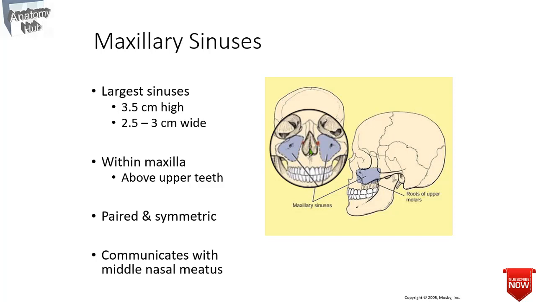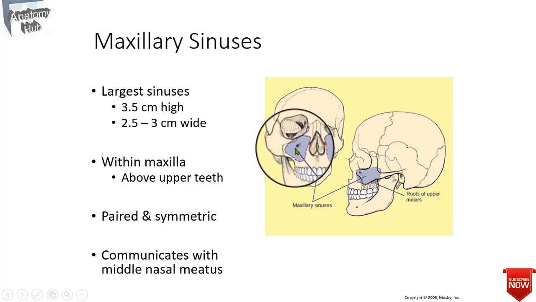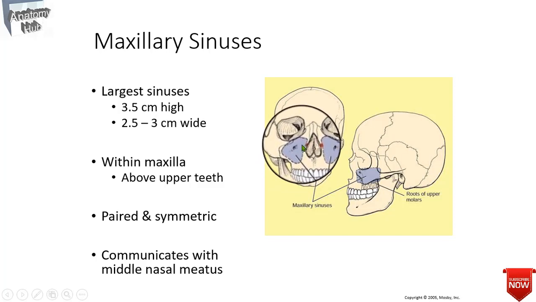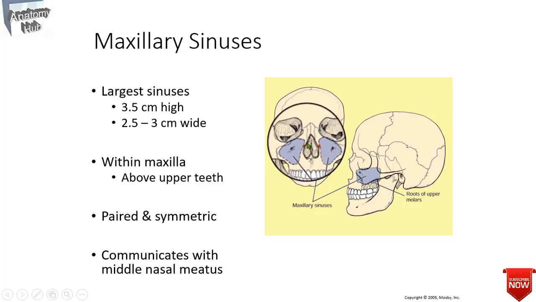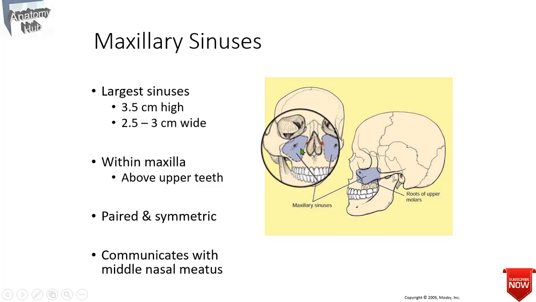The blood vessels that actually supply this maxillary sinus are mainly the facial artery, the greater palatine artery, the infraorbital artery, and along with that the associated veins will drain from this maxillary sinus.